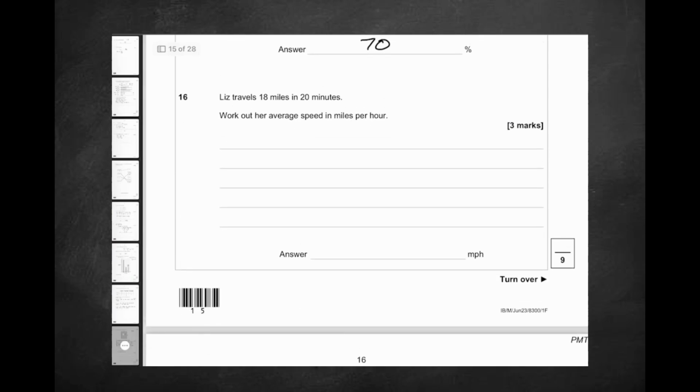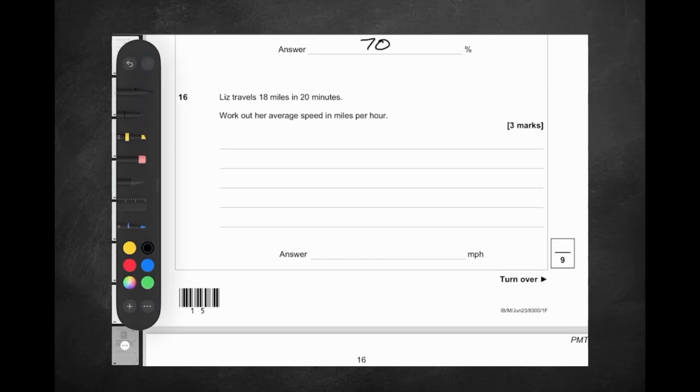Question 16. Liz travels 18 miles in 20 minutes. Work out her average speed in miles per hour. So 18 miles in 20 minutes. Well, how do we get from 20 minutes to 60 minutes? We multiply by 3.